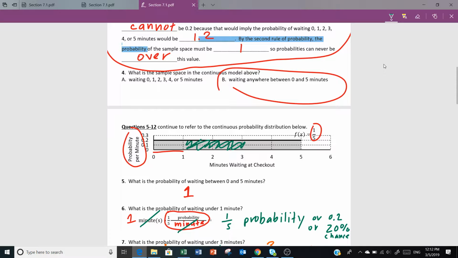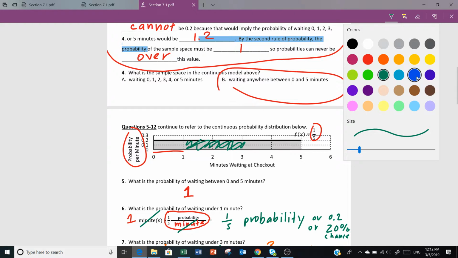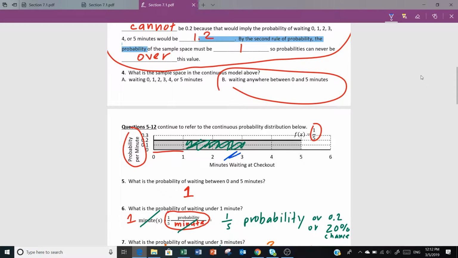Another way we can express that is to look at under 3. Under 3 would be these 3 minutes, and under 1 would take up this 1 component. So we're taking the 3 out of 5 and subtracting 1 out of 5 to be left with the 2 out of 5 in the middle.